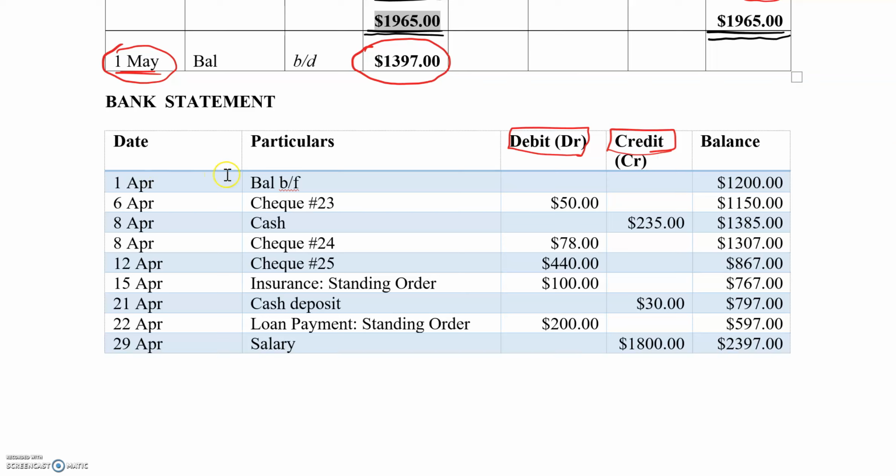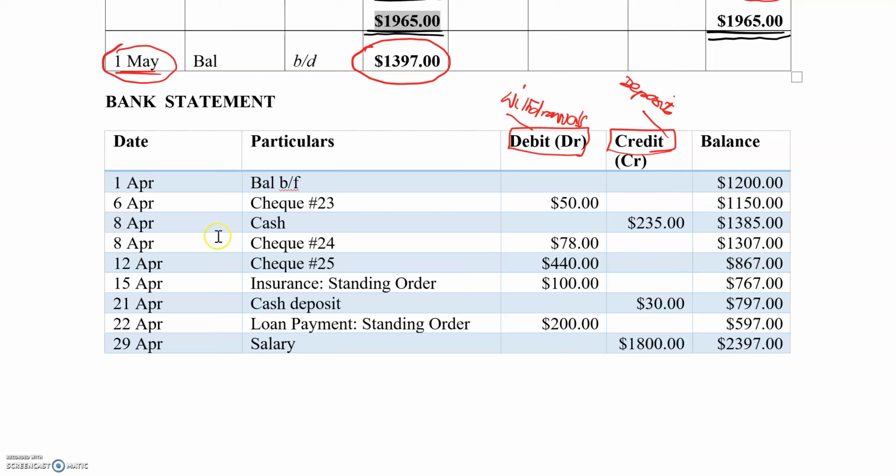So here we have April 1st, the balance brought forward of $1,200. 6th of April, a check, $50, and remember debits represent withdrawals, while credit entries represent deposits, right? When we're looking at the bank statement. So check number 23 was written for $50. That was a withdrawal. On the 8th of April, cash was deposited into the bank of $235.